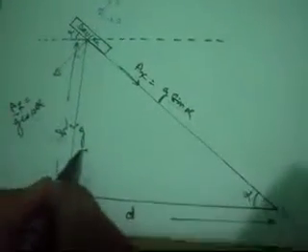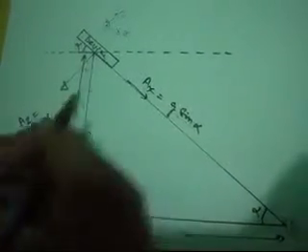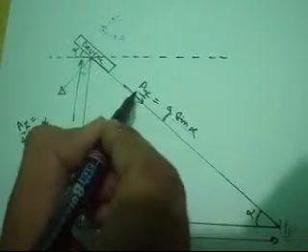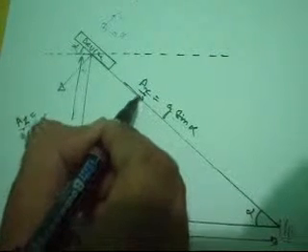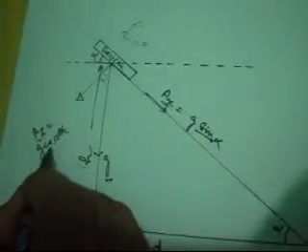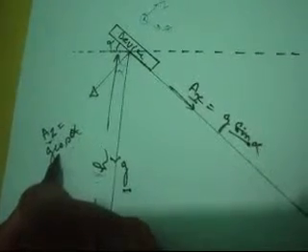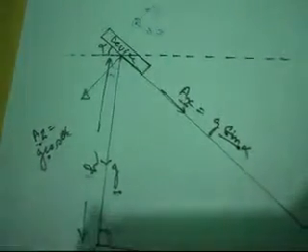On resolving the acceleration G along the two axes of the accelerometer, the acceleration along the x-axis will be G sin alpha, and the accelerometer will experience the acceleration of G cos alpha along the z-axis.